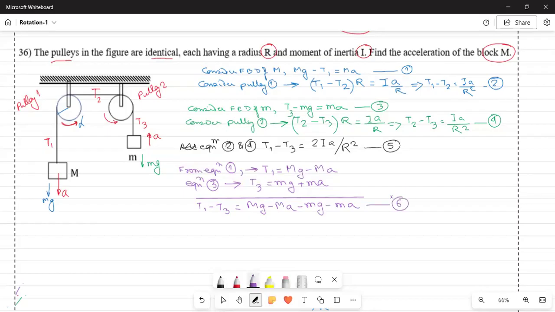Then we have two relations for T1 minus T3, equations 5 and 6. Now we compare these two equations.